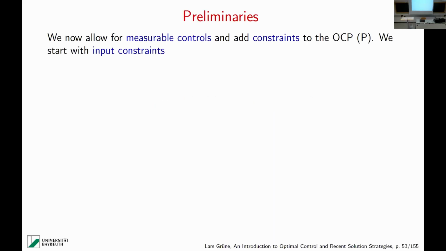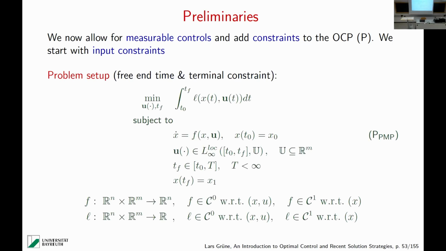So what we do now is we return to measurable controls and we add constraints. Let me start with input constraints and develop everything with just input constraints, so only constraints on u. Later on, I will briefly tell you what happens if we have state constraints too.